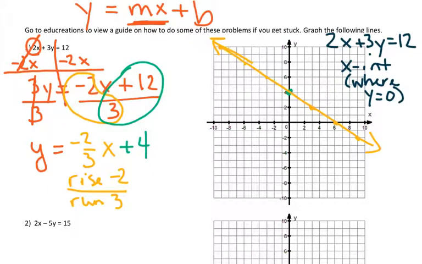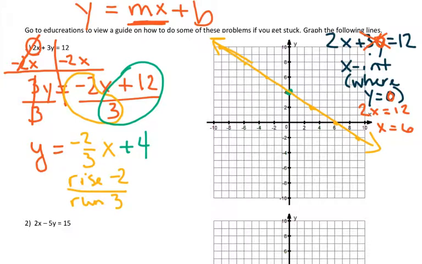So if I plug 0 in for the y here, that's 3 times 0, so that goes away. So now I'm left with 2x equals 12. And if I solve that for x, I get x equals 6.